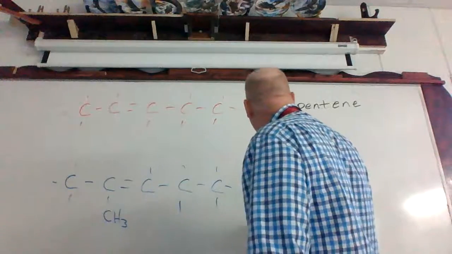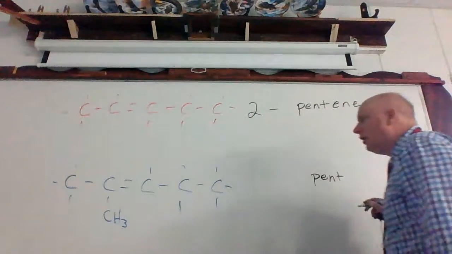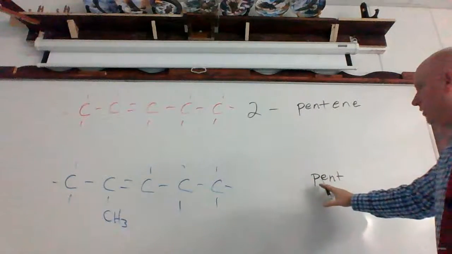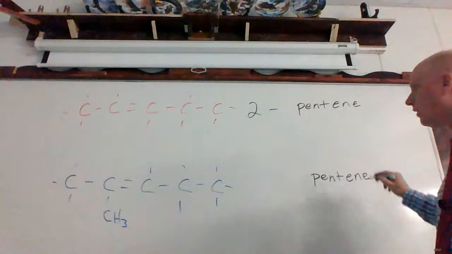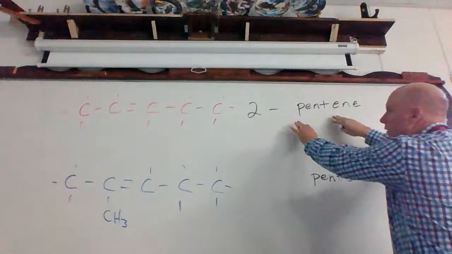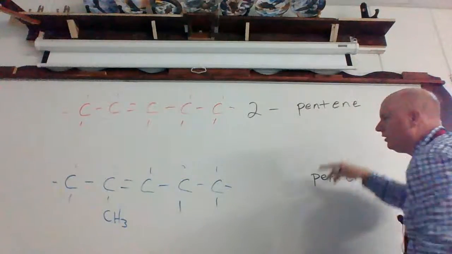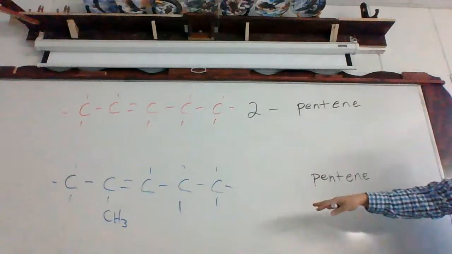So you correctly said 5. There's our parent chain, and here's our suffix. But how is this different from the one up here? Can we just put 2-pentene on this one? The answer would be no.